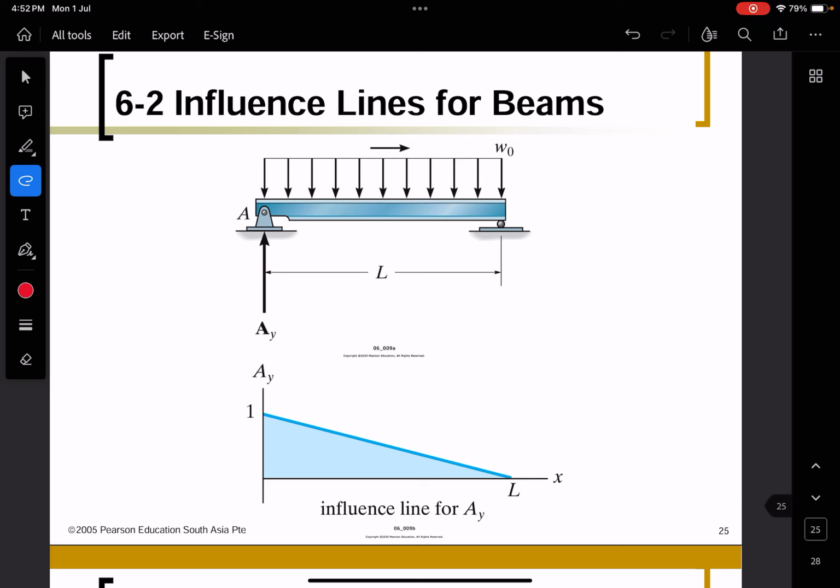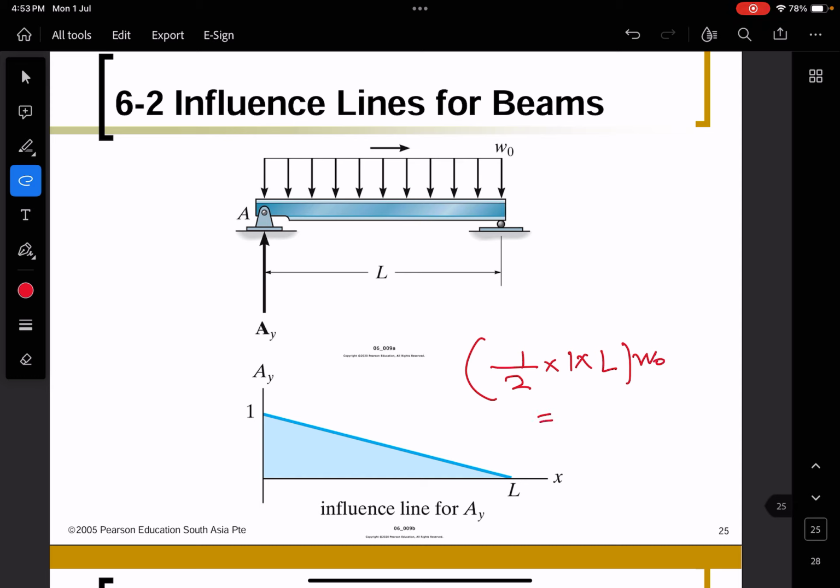Okay. So to calculate the influence line for AY means that you have to calculate the area here. The area here, half times 1, times the distance, and multiply with the value of the distributed load, which is WO.